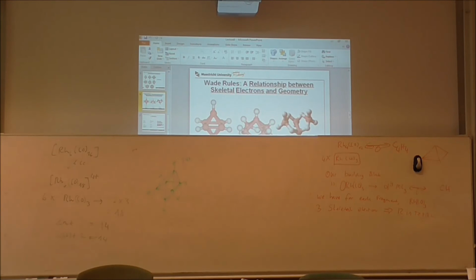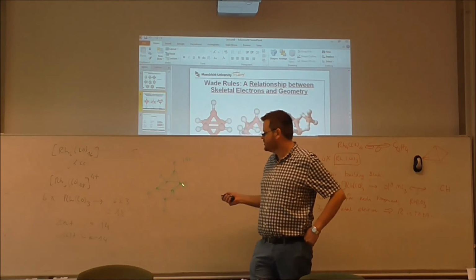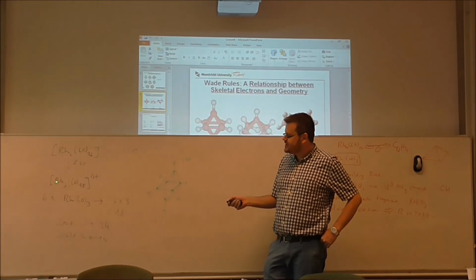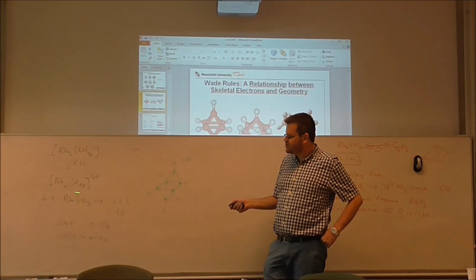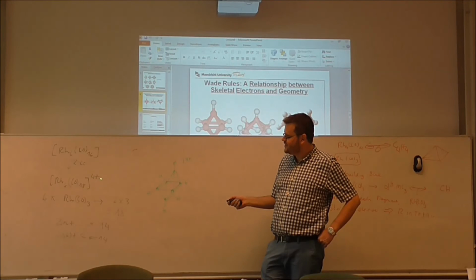Remember, this thing is not charged, right? So wouldn't that be equal to the charge? Or you mean, is this isolobal to C6H6 4 plus? Well, yes, it is. We just showed that. Because it is composed of 6 RhCO3 fragments, each of which is isolobal to a CH. But remember, the whole thing has got a 4 plus charge.